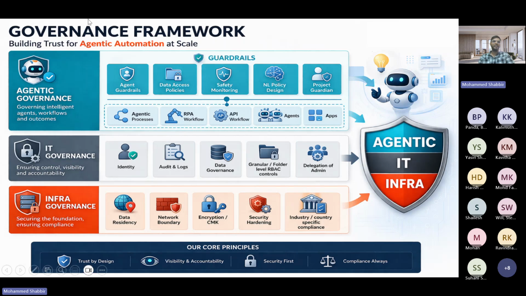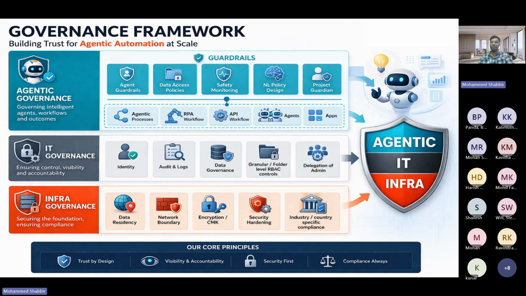Okay. So the first layer when we're talking about agentic governance is that UiPath is emphasizing guardrails. In the guardrails you have something called agent guardrails. Here we are trying to define what an agent can do and what it cannot do. You are setting the limits.